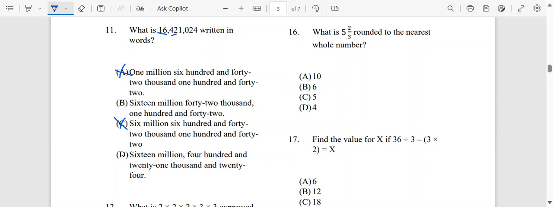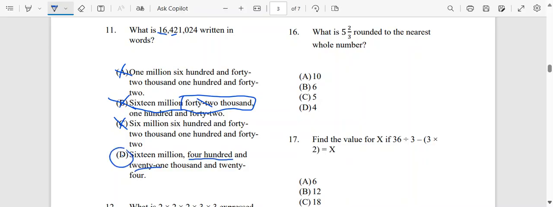Let's move on to the other part, which is 421,000. Let's look for that. Now we notice we have the 6 million here, but we have 42,000, right? So this one, B would not be the answer. 6 million, we see 421.